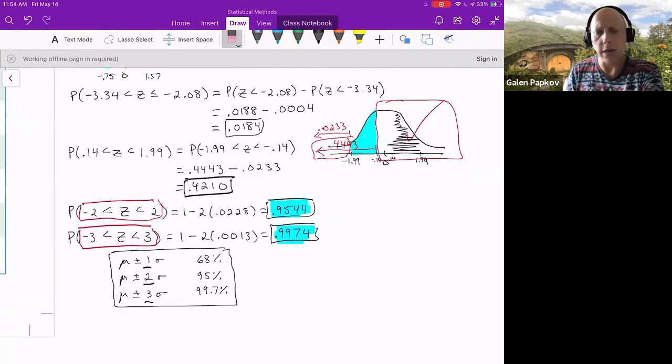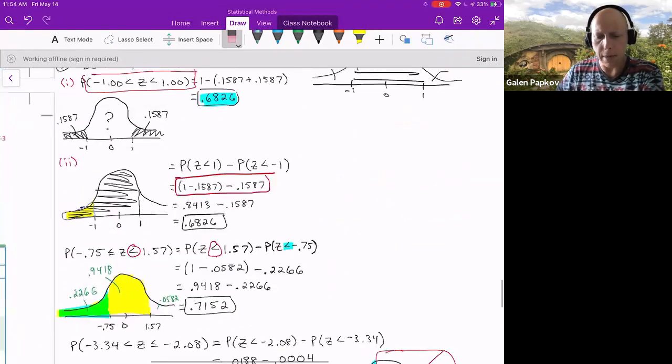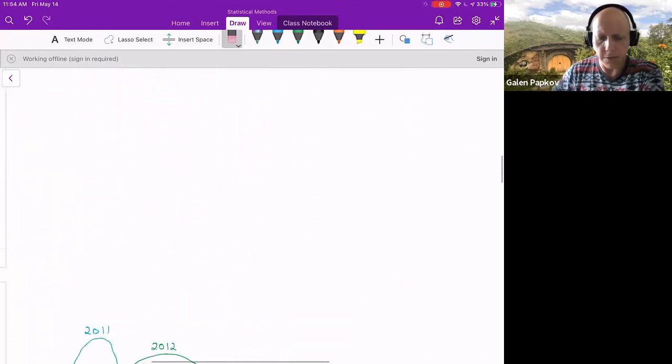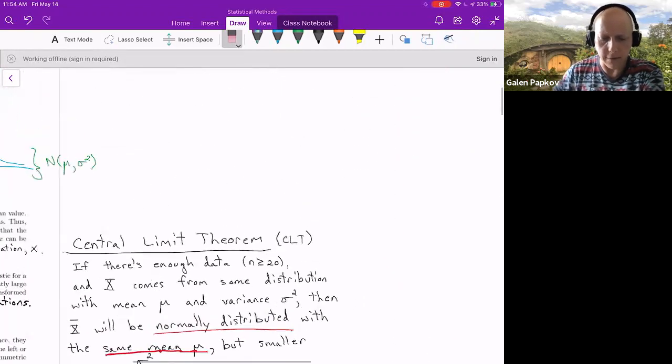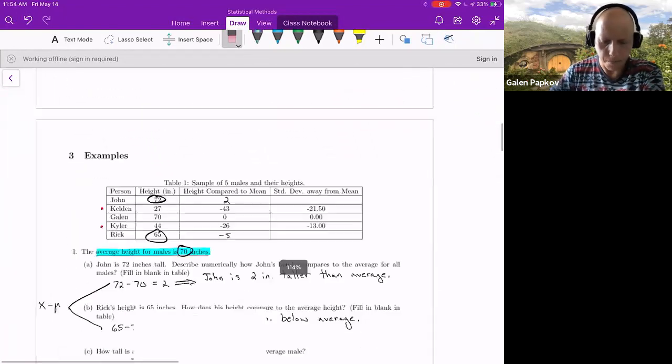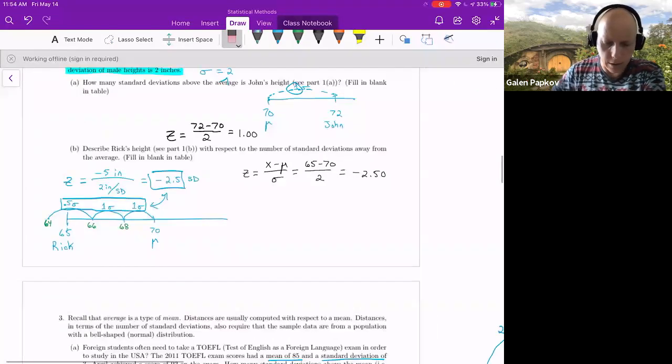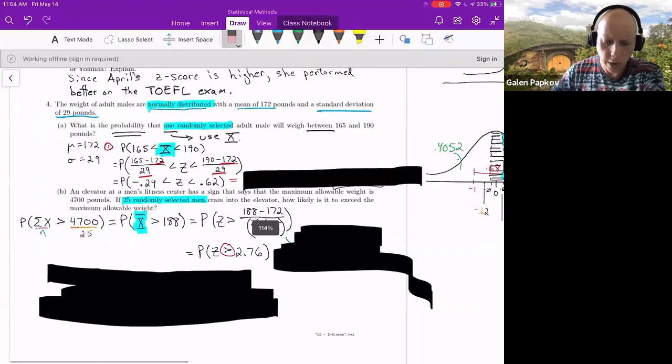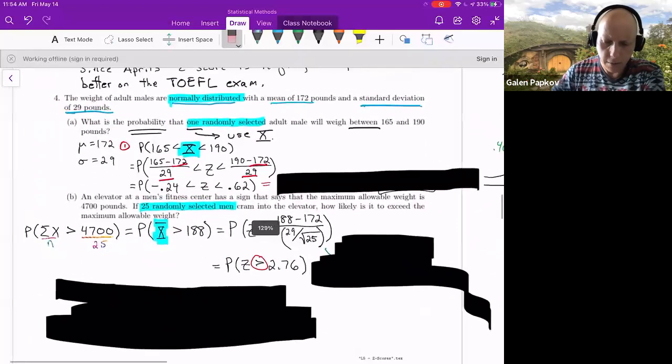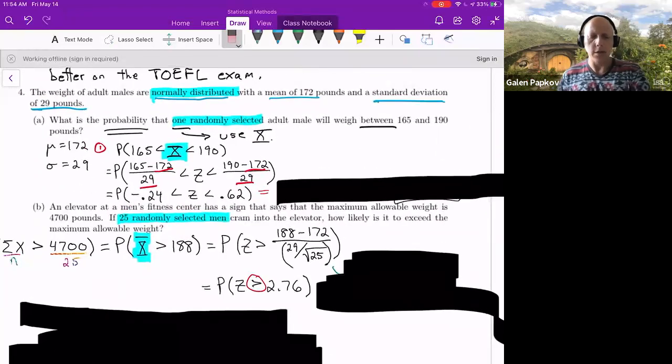But the last thing I want to end on is I want to return way back to problem 4, I believe it was, in the last video. And we had converted the 2 z-scores into probability statements, or P statements, but we didn't actually finish these. And so now you have the skills to be able to do so.